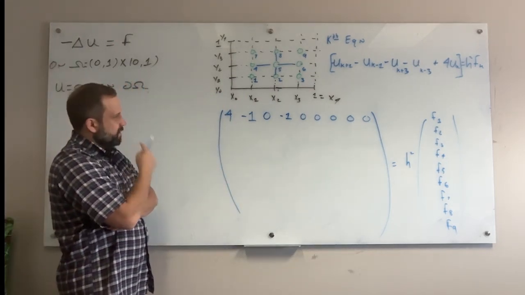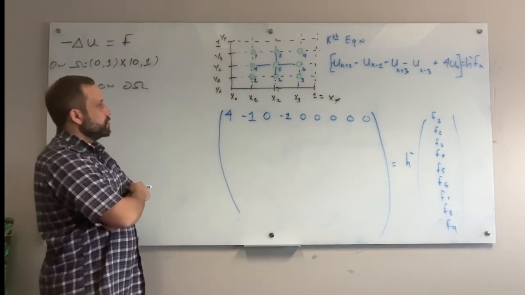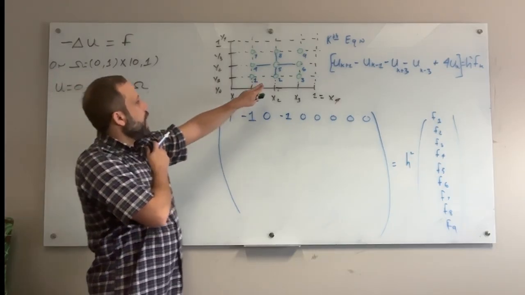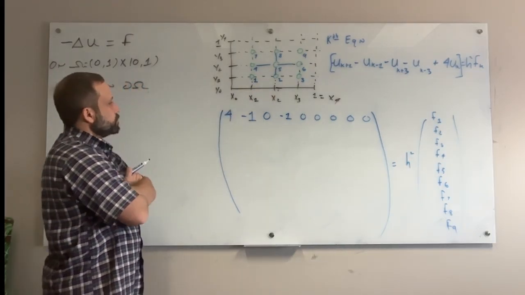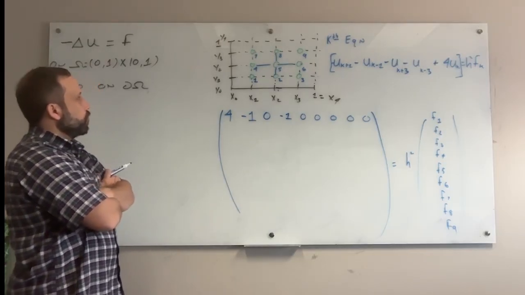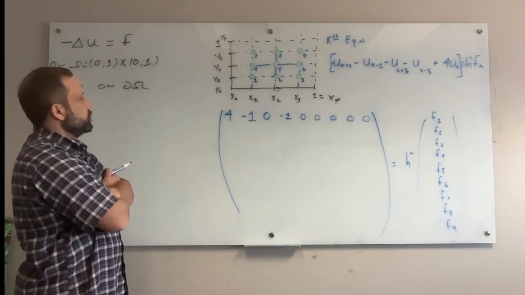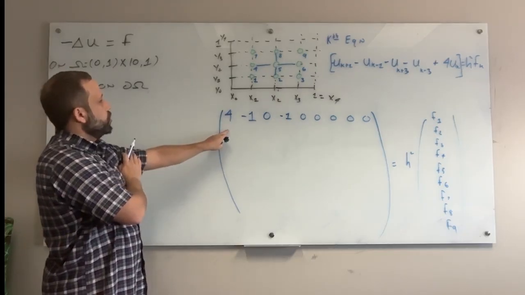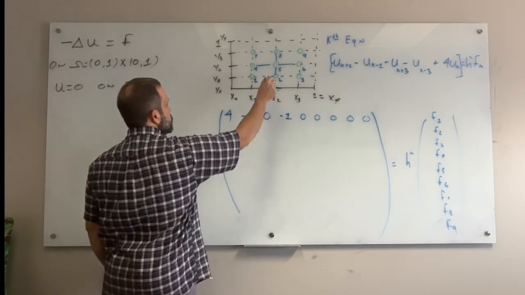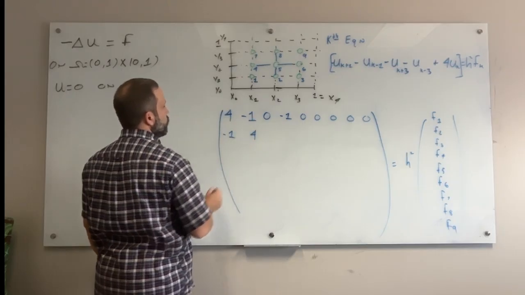Okay. Now if I go down to the second row, this is going to correspond to the second equation. So what's going to happen for the second equation? Well, for the second equation, if I do my 5-point stencil, the coefficient on U1 should be a minus 1. The coefficient on U2 will be a 4.